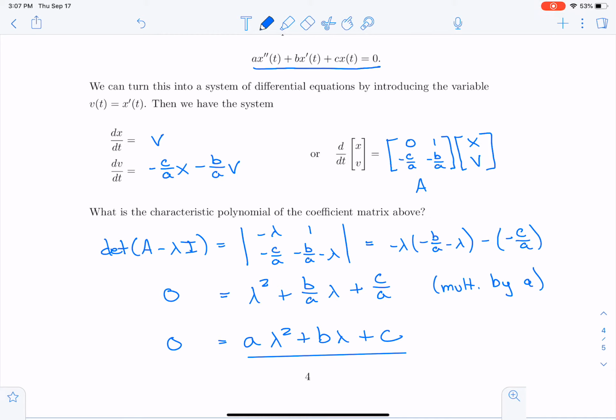And that was exactly the right term to use because this characteristic polynomial is in fact the same as the characteristic polynomial that you get by looking at the first order system that corresponds to that second order differential equation. So the characteristic polynomials are in fact the same. The eigenvalues in this case are in fact going to be the same. And so now we've maybe solved that mystery of why I was double using the term characteristic polynomial.